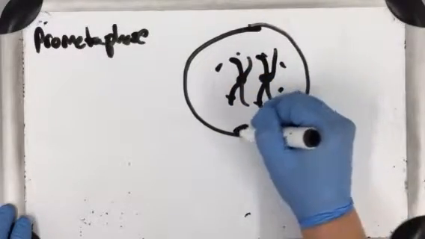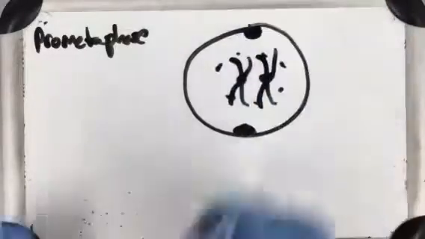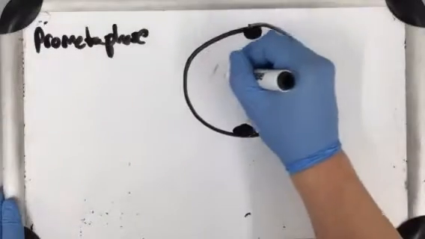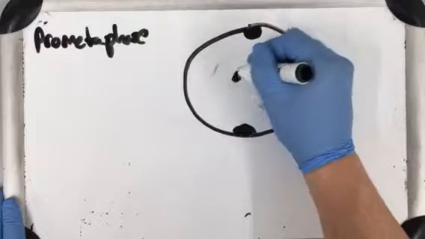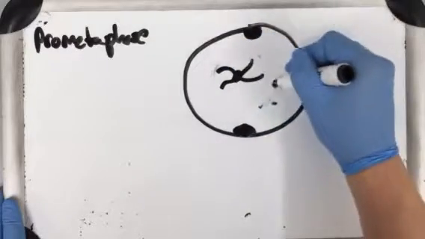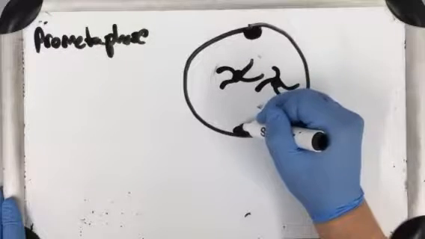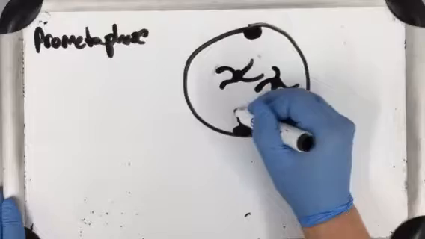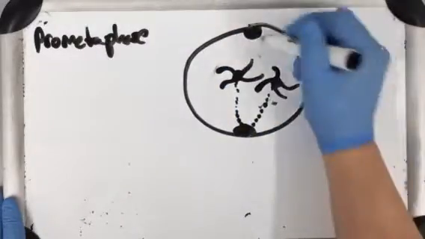What happens is, remember we have our spindles, and they're little microtubules. Here, I'll make this a little clearer. Let's see how I drew this, yeah. So these microtubules now are going back and forth, and they're eventually attaching to the centromere, which is connecting those 2 chromatids.